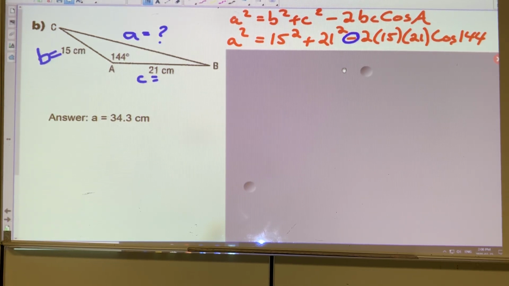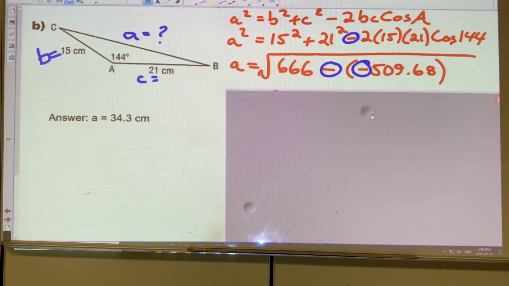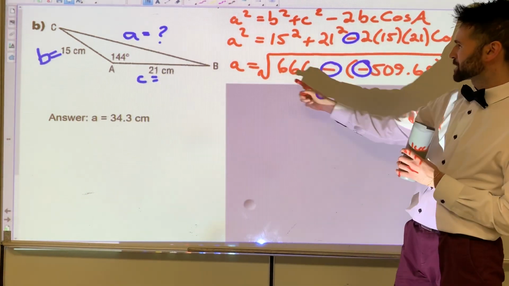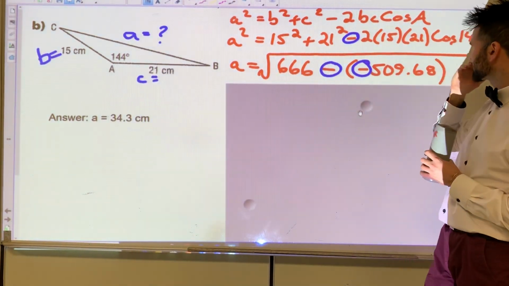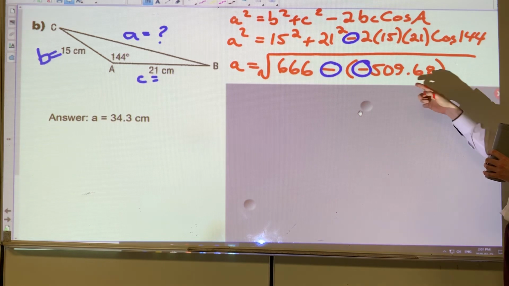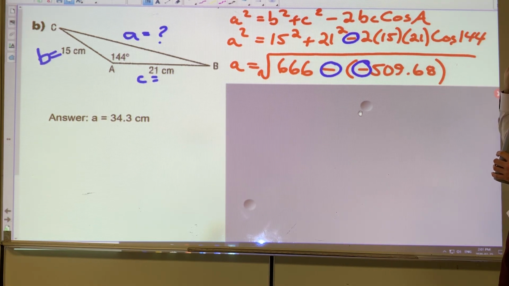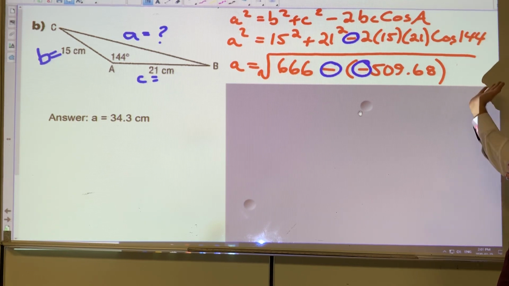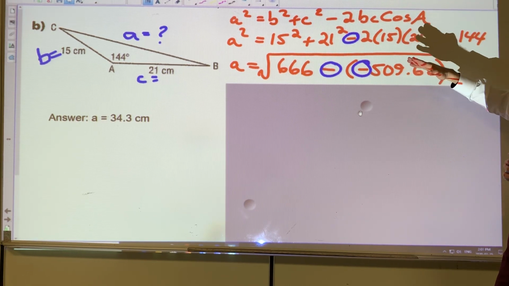Anyways, the reason I circled that negative is on the next step. We got 666, so the 15 squared and the 21 squared, that's where I got the 666. Now, I chose to just show what happens when you type in cos 144. Which quadrant are you in if you've done a 144 degree rotation?